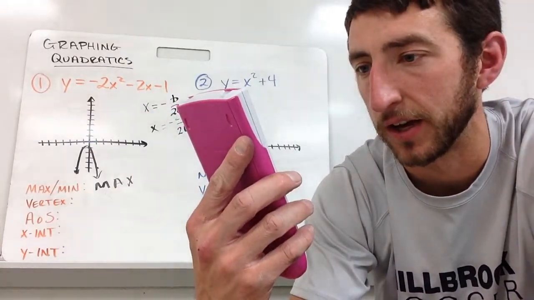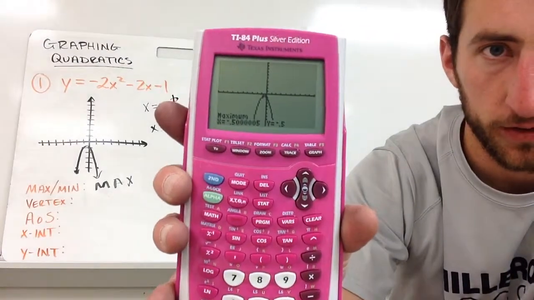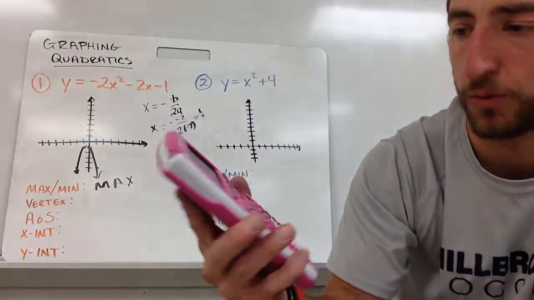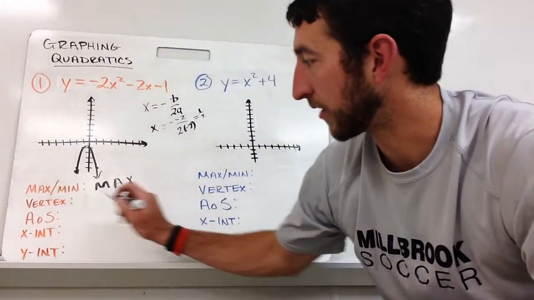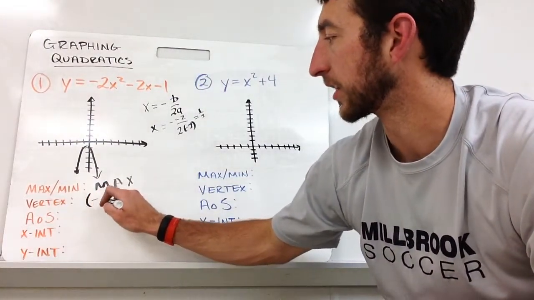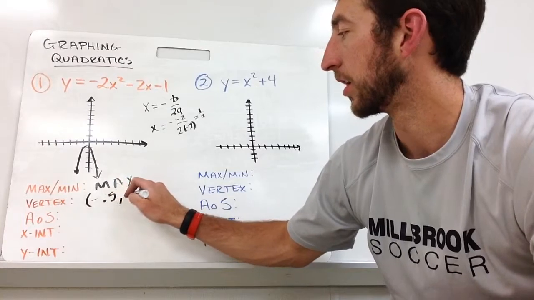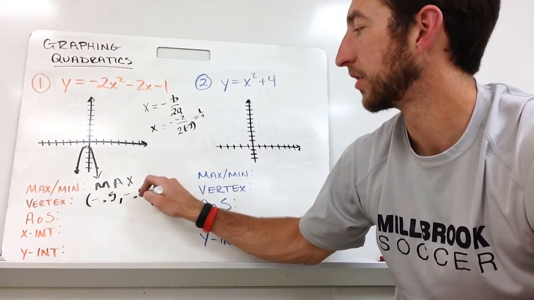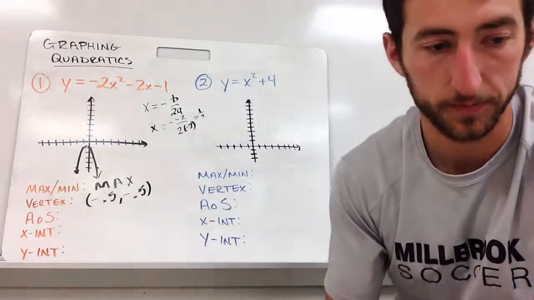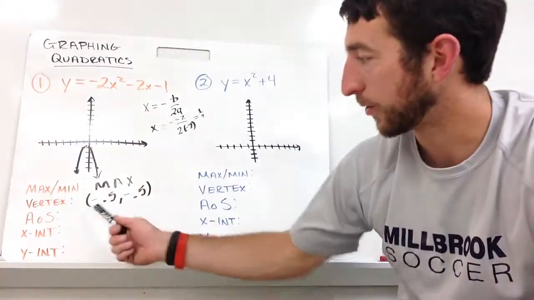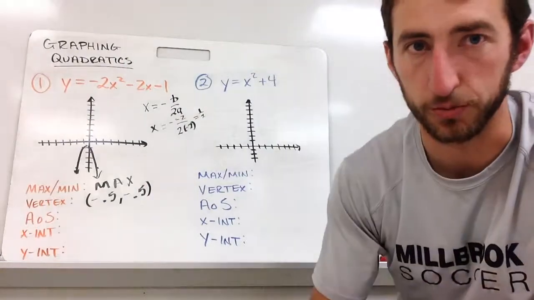It gave us -0.5, and also a few extra zeros there. We can just round. So our maximum point, our vertex, is (-0.5, -0.5). So right here at (-1/2, -1/2), that's my vertex. Once you get your vertex, the axis of symmetry is super easy to find.